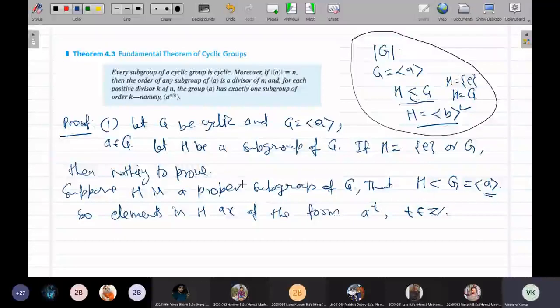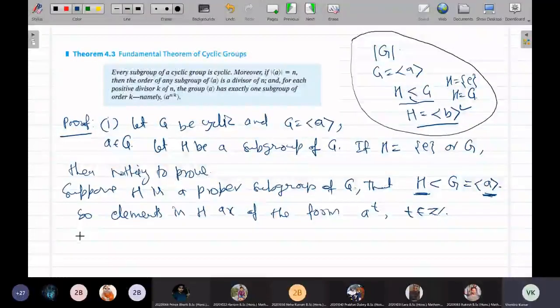I think it is okay. But because this is a proper subgroup of G, not all powers of A will be in H. Fine. Some powers will be in H, and some powers will not be in H.